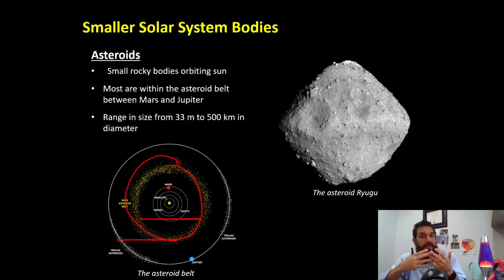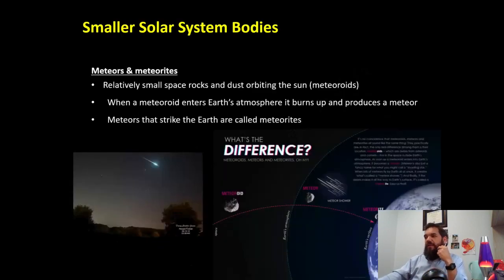A lot of scientists think that if it wasn't for Jupiter's great mass, this asteroid belt would have accreted together and become another terrestrial planet. But because of the great mass of Jupiter, it interrupted that accretion process, so it never accreted together like the other planets did.